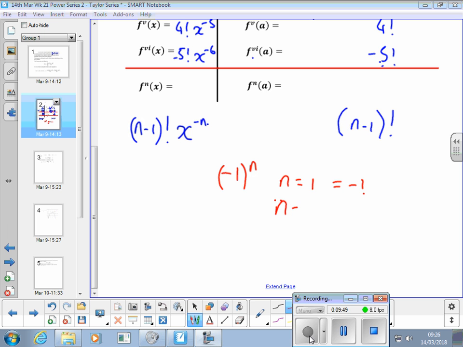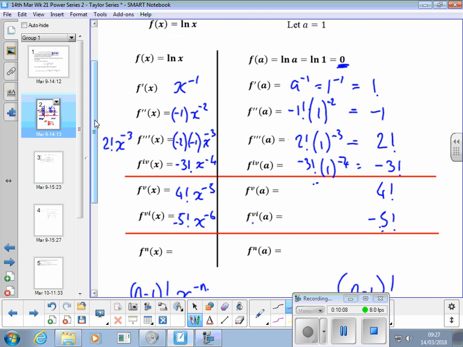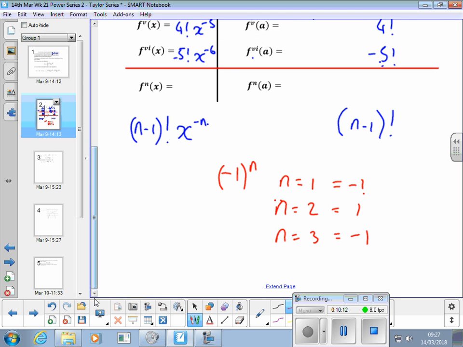When n equals 2, what does it equal? 1. When n equals 3, minus 1. So that's changing sign each time. But when n is equal to 1, we do that.